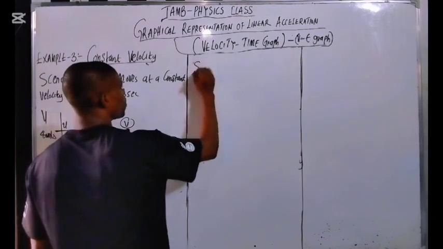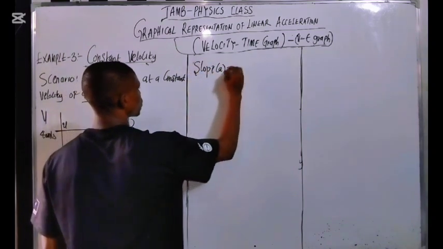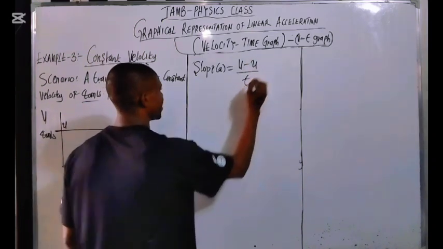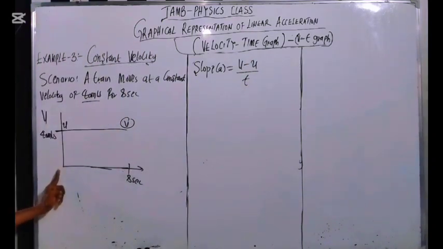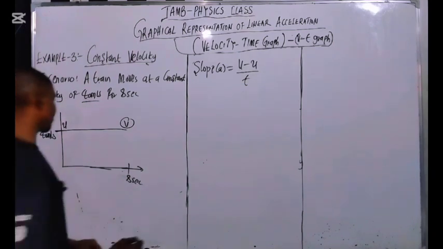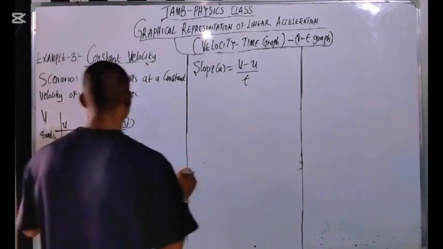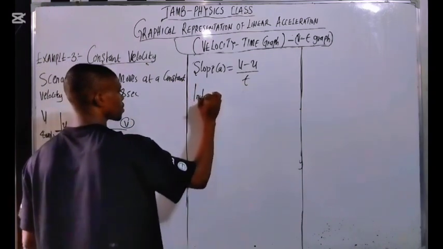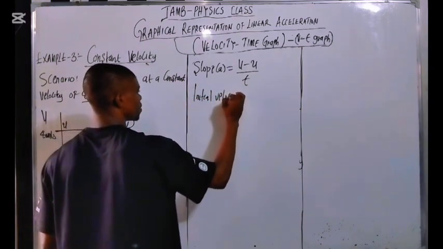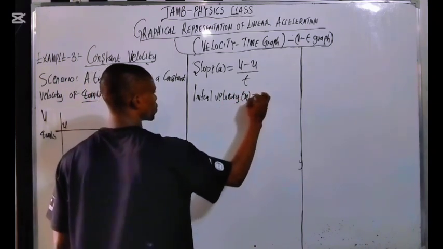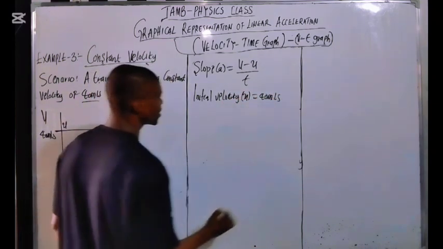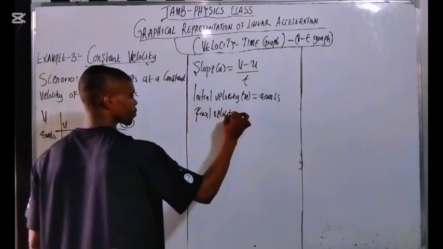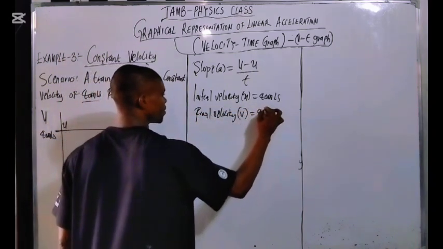So how do we calculate the acceleration, the slope? Acceleration equals v minus u over t. The time is 8 seconds. My initial velocity u equals 40 meters per second, and the final velocity v equals 40 meters per second.